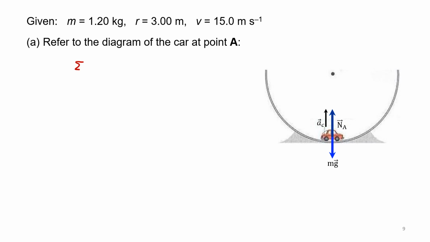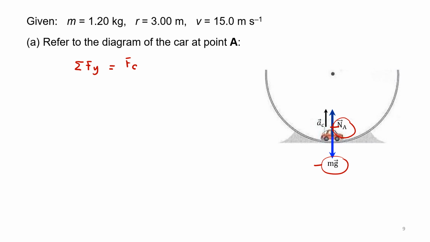Okay, the summation of force component y is equal to Fc. So the forces that we have at component y are NA and mg. Since NA is in the same direction as the centripetal acceleration, NA is positive and mg is negative since it's in the opposite direction to AC.